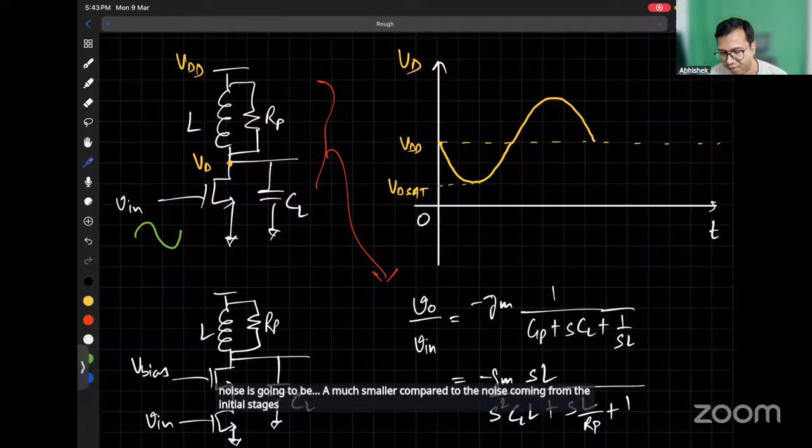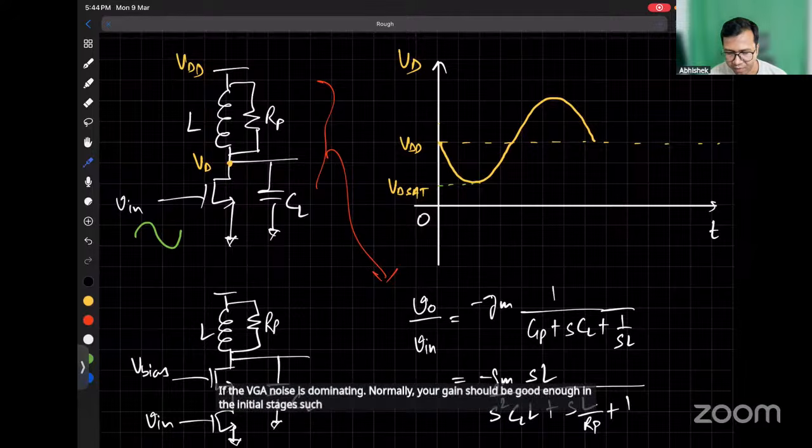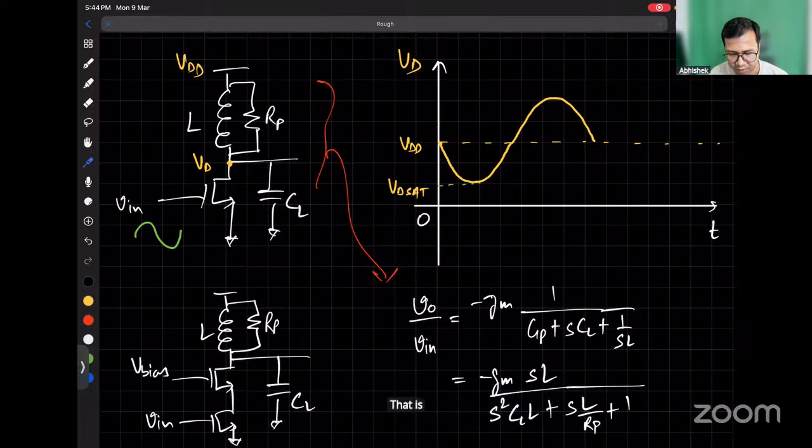But let's say its noise is dominating, and that noise is appearing because you have to do some sampling, correct? So you need to make sure that before sampling you do this anti-aliasing filtering if the VGA noise is dominating. Normally, your gain should be good enough in the initial stages such that the noise of the initial stages will dominate in the output, not the VGA noise. That is how you should try to do the design.